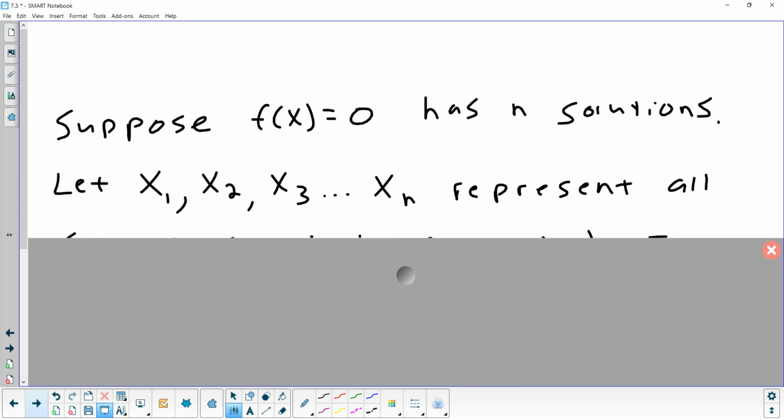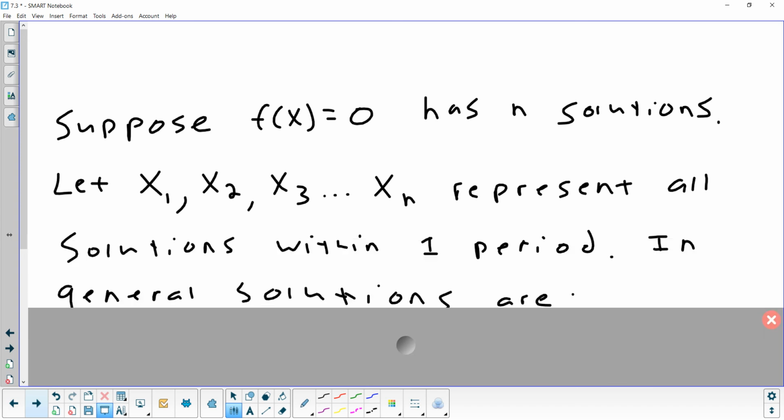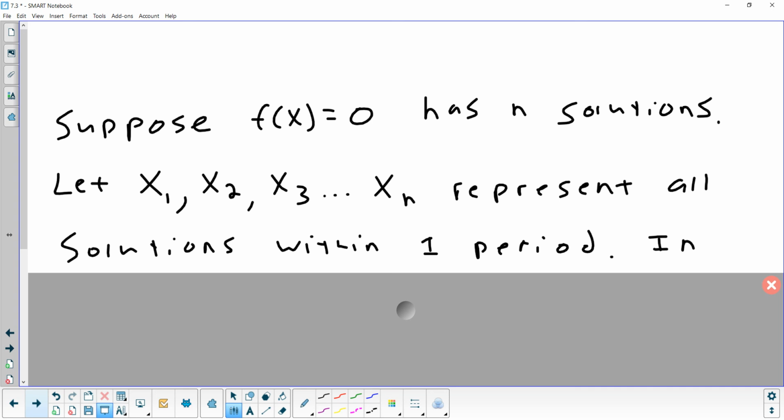All right, so this is really saying the same thing I've said at least 2 other times this week. If you set an equation equal to 0, and let's say that it has n solutions, the last problem we did had 2. You have to find all the solutions within one period first, just like we did.